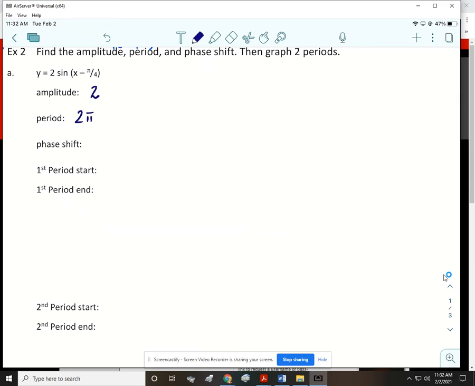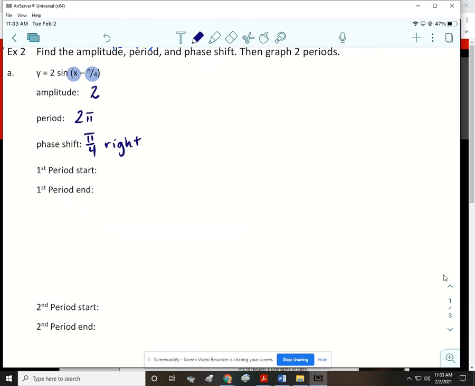Right? The phase shift. This one has one because I have subtraction inside the parentheses, so I could do pi over 4 divided by 1, or just pi over 4. And then because there's a minus there, it shifts to the right pi over 4.